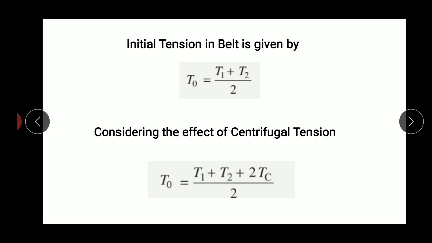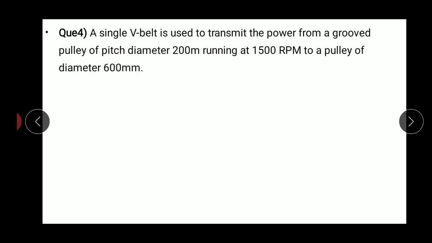Now let's see a numerical based on the effect of initial tension in the belt drive. A single V belt is used to transmit power from a grooved pulley of pitch diameter 200 mm running at 1500 rpm to a pulley of diameter 600 mm.